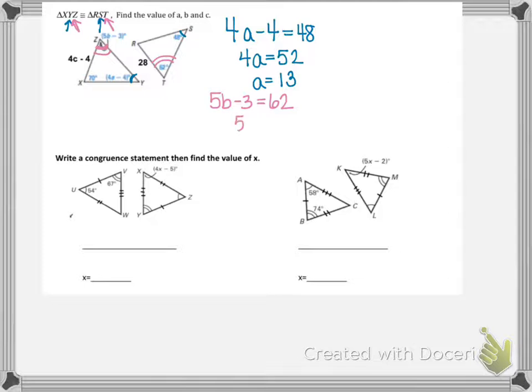So then we'll add 3 on both sides. So 5b will be equal to 65. Divide by 5 on both sides. B will be equal to also 13, I think. Unless I'm having a moment.